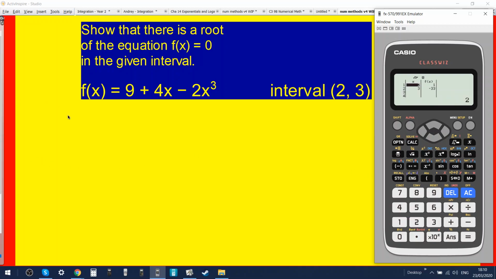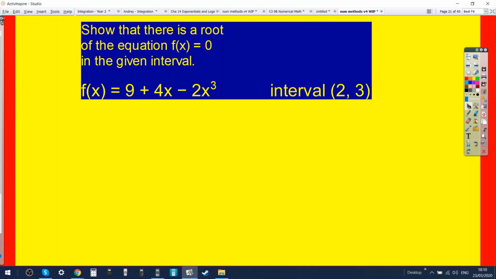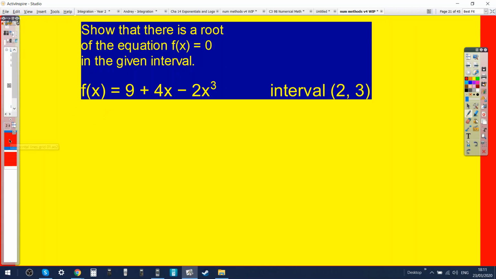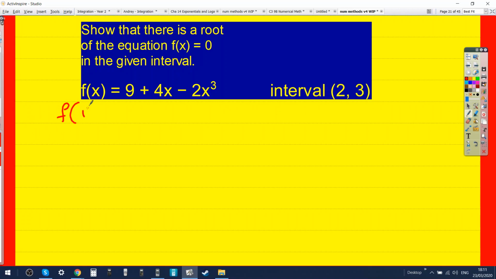So f of 1 is equal to 1. F of 2 is equal to minus 33. And so it's a show that there is a root question. So then we say the 3 points: sign changes, function is continuous in the interval, therefore there is a root. Yep.